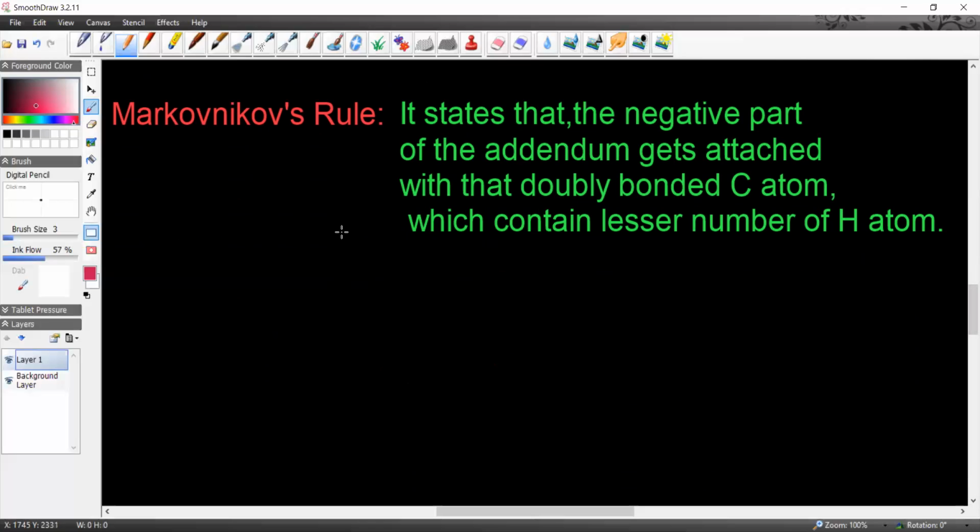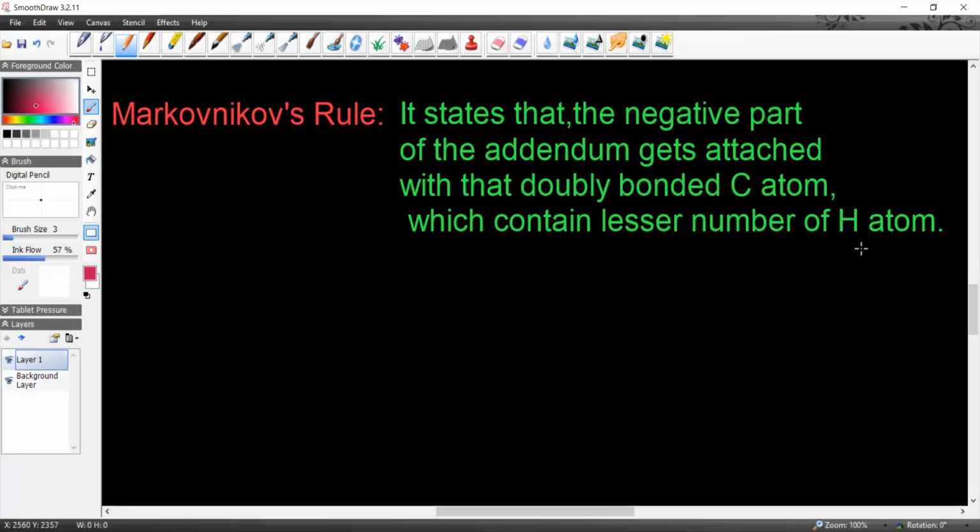So let's talk about Markovnikov's rule. According to it, the negative part of the addendum, meaning the adding molecule, the molecule which we are adding to our alkene, gets attached to that doubly bonded carbon atom which contains the lesser number of hydrogen atoms.